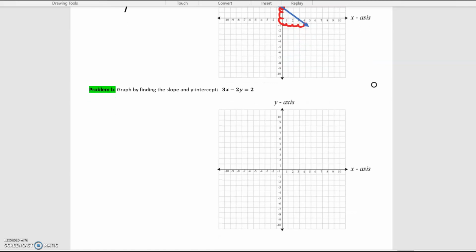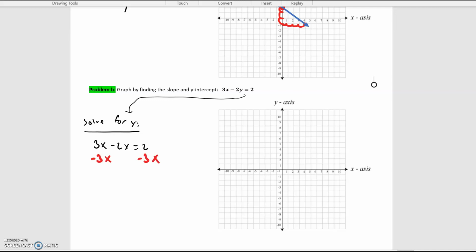Now, in this particular problem, we don't have the equation in y = mx + b, so we're going to solve for y. This is now 3x minus 2y is equal to 2. So we'll subtract the 3x, and this will give us negative 2y is equal to negative 3x plus 2.